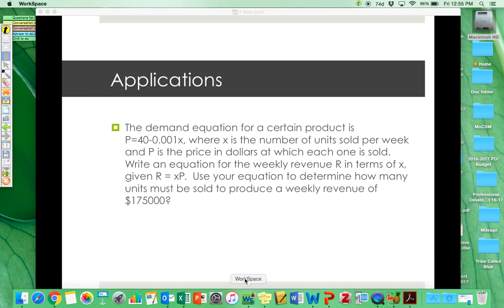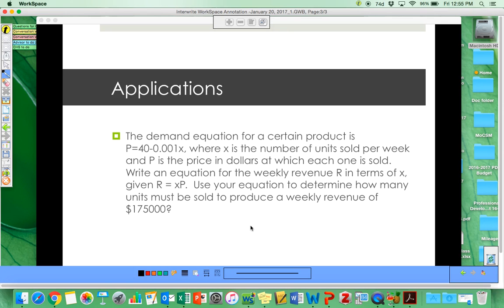All right, so we have the demand equation for a certain product is P equals. So this is my demand equation, where X is the number of units sold per week, and P is the price in dollars at which each is sold.